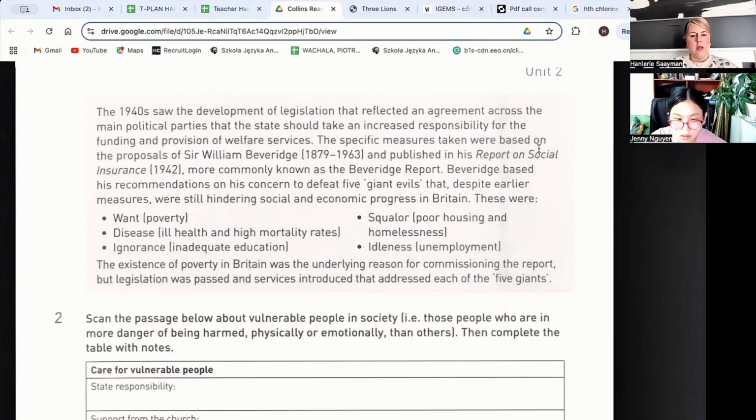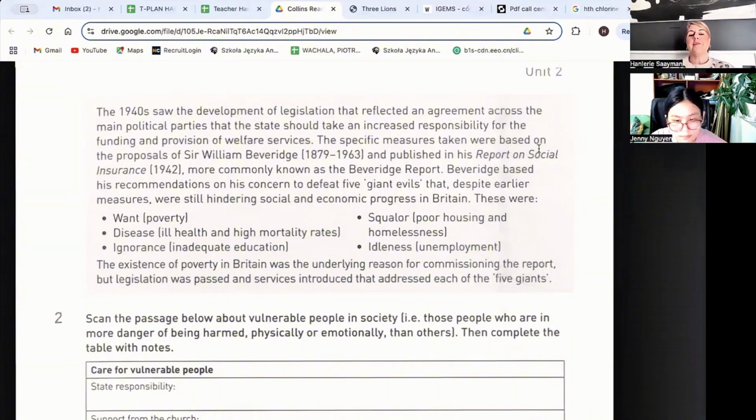inadequate education, squalor, poor housing and homelessness, and idleness, unemployment. The existence of poverty in Britain was the underlying reason for commissioning the report, but legislation was passed and services introduced that addressed each of the 5 giants.